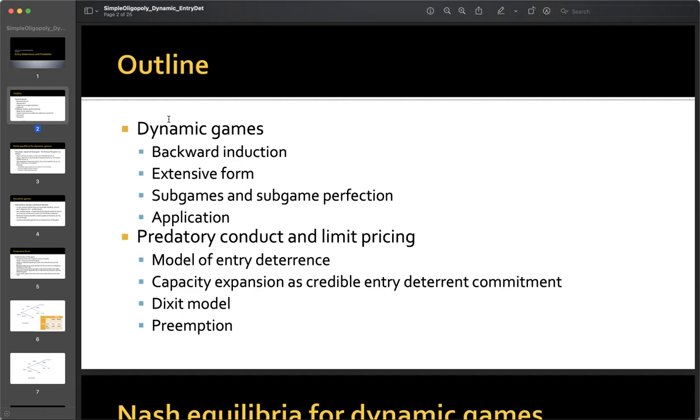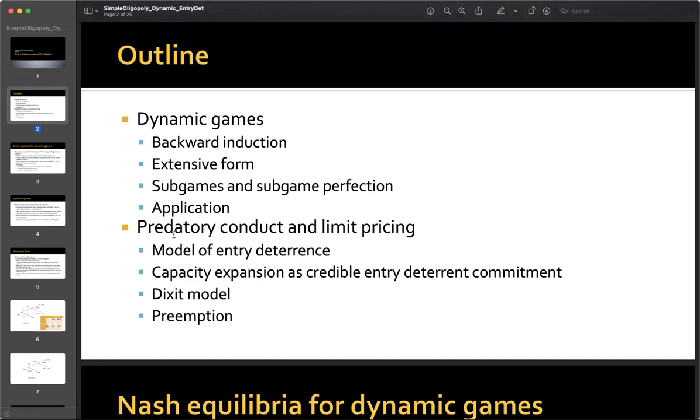Okay. So that's why it's called a dynamic game. It will also involve something called entry into the industry.